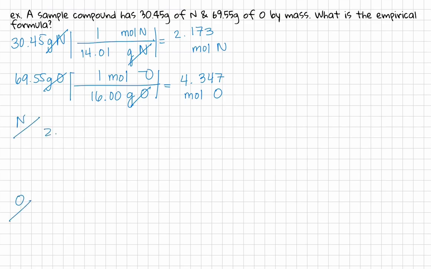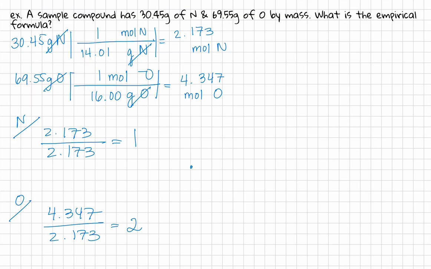For nitrogen, we have 2.173, and then for oxygen, we have 4.347. Which of the two is smaller, the nitrogen? So we're going to divide by this one, and the same thing here. Divide by the smallest one for both. This is going to be 1. This one is going to come out to 2.